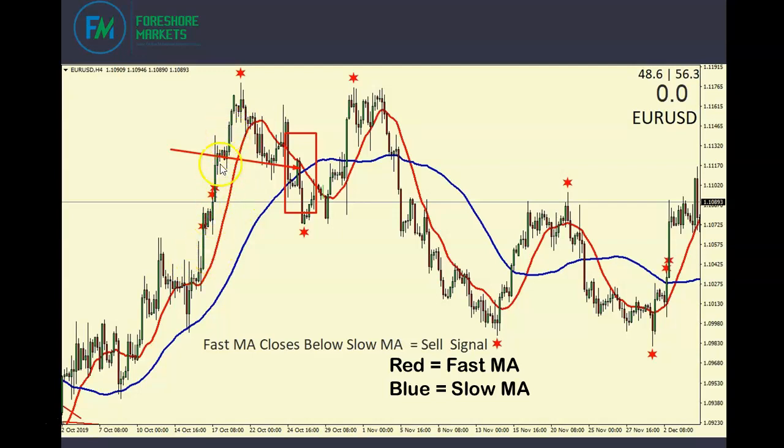As the average prices keep going higher, you see that the space between the blue and the red gets wider and wider. And then when the trend begins to weaken, or a reversal is about to happen, you see the two moving averages begin to close up towards each other.